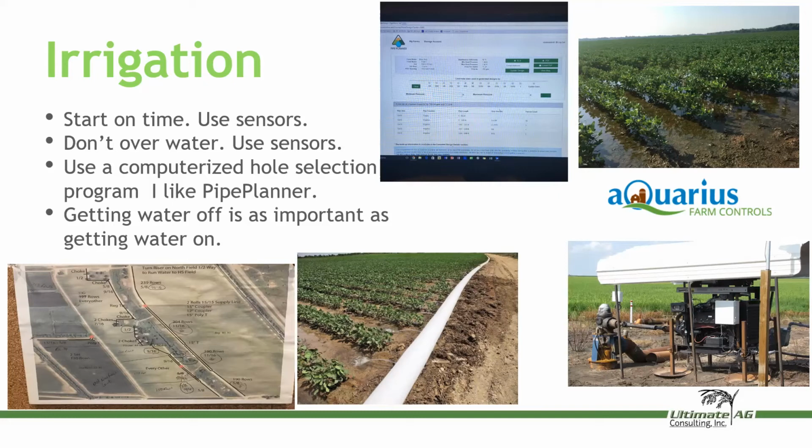I think you've got to look at sensors by planting date. If we've got two really spread out planting dates, then maybe we need sensors in the early planting and the late planting, sensors in the sand or the heavy dirt, and then sensors in the corn, sensors in the beans, or sensors in the cotton. And maybe you don't need to have them on every field. I don't know that every field is important.